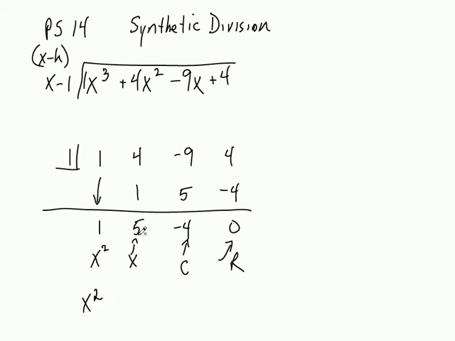What's this going to be right here? 5x. Now it's a positive, so what sign do we put here? Put a plus. So this is a positive 5x, we put plus 5x. Now this is a -4, so we put minus 4. Now that's our constant. Our constant is just a number that's by itself. It's not the x at all. And our remainder is 0, so we have no remainder.